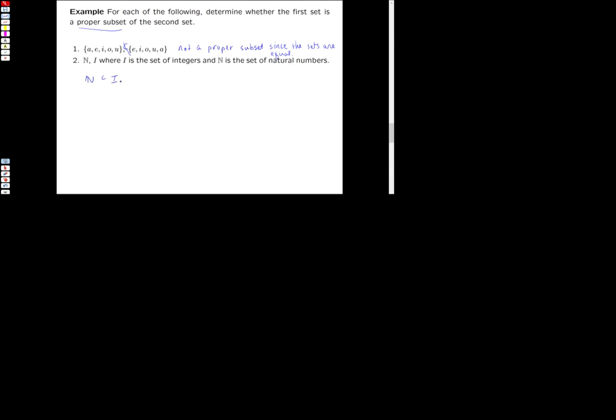What do the natural numbers contain? Positives. So, yes, there are extra elements in I. Everything in N is in I. So this is a proper subset. So that one is. The first one was not because they were the same sets. They were equal. Any questions on that?